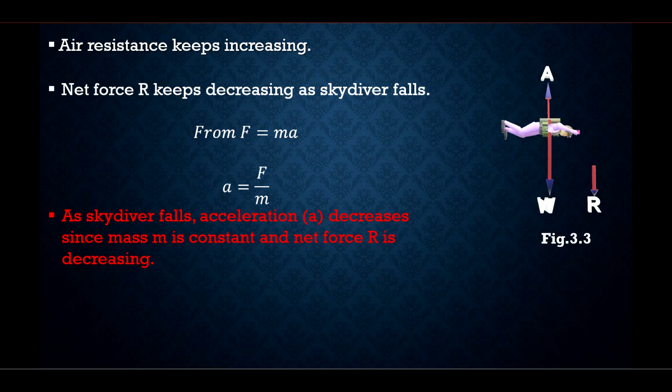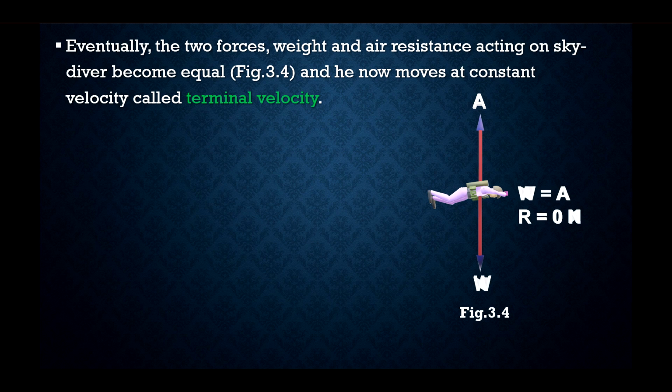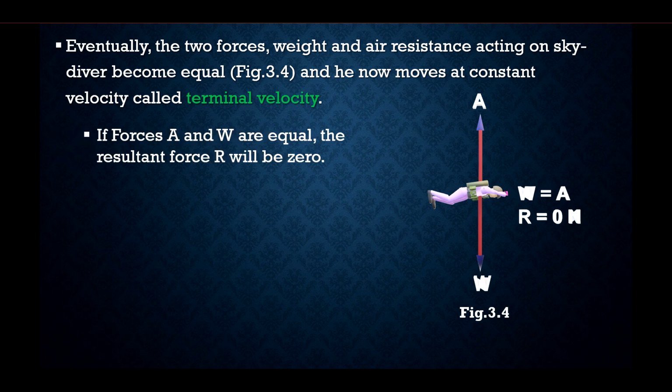This means, as the skydiver falls, his acceleration decreases. Eventually, the two forces, weight and air resistance, acting on the skydiver, become equal, as can be seen in figure 3.4. At this point, he now moves at constant velocity, called terminal velocity. If forces A and W are equal, the resultant force R will be 0.